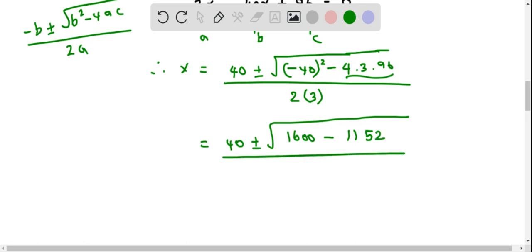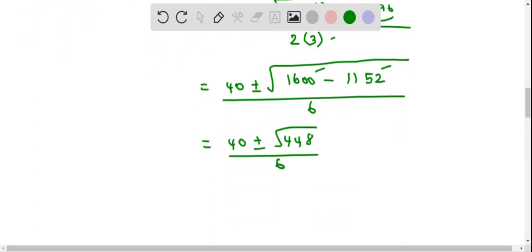This is over 2 times 3, which is 6. And so this gives 40 plus or minus the square root of 1600 minus 1152, and this equals 448. This is divided by 6. So here we find the square root of 448.